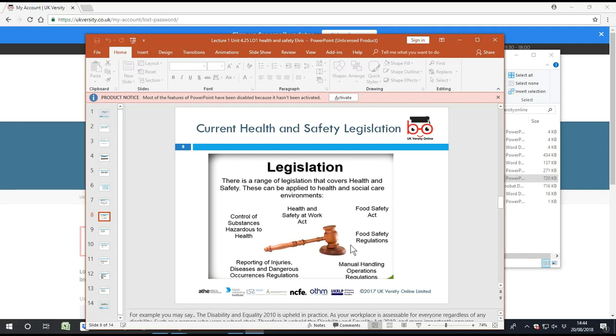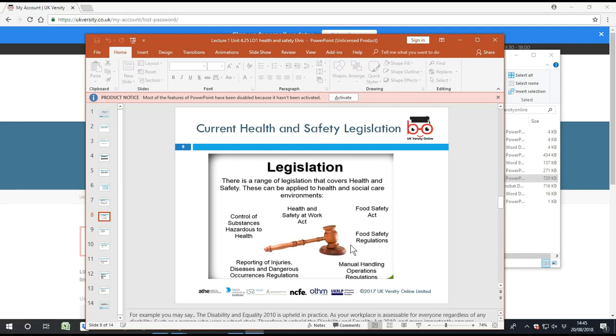We also have the Food Safety Act. As long as we provide food to residents in the hospitals and in the care home, this Food Safety Act and the Food Safety Regulations are quite relevant in our health and social care setting. We also have the Manual Handling Operations Regulations. This is also quite important.